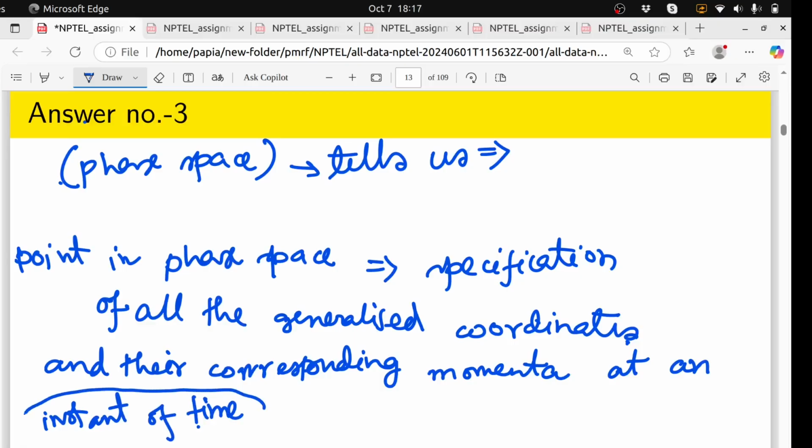That is very important, at an instant of time. So it is like a full instantaneous state.